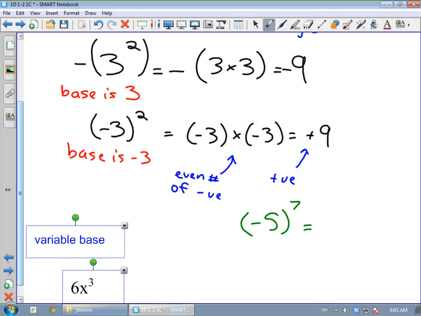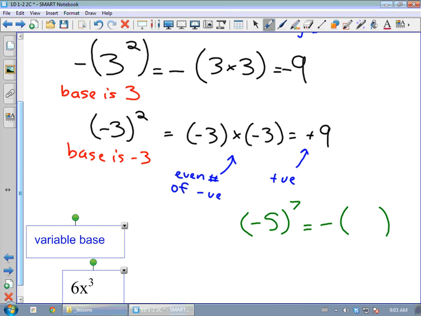It's odd, so when I do my expansion, am I going to have an odd number of negative signs or an even number of negative signs? I'm going to have an odd number of negative signs, so is that going to give me a positive or a negative at the very end? It's going to give me a negative. So this will be negative something, and I don't even know what it is. Somebody could punch that into their calculator and find it.